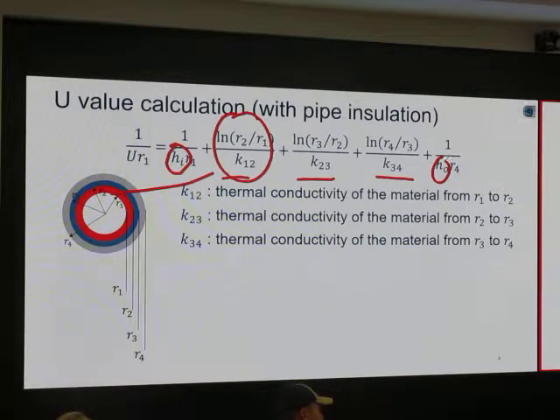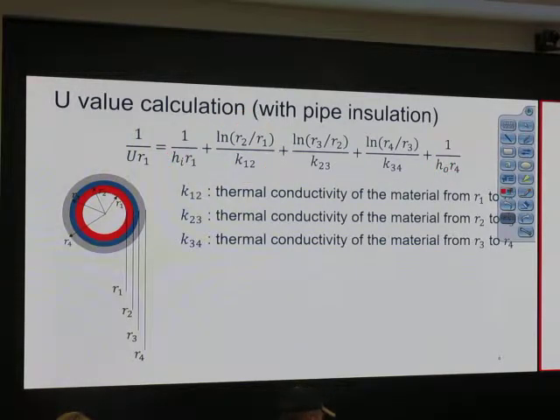Okay, so the way that heat transfers: let's say our pipe is hot, the liquid inside is hot, and the environment is cold. Heat from the inside travels from the center to R1 by convective heat transfer. So that is that term. Then, due to conduction, it goes from R1 to R2.